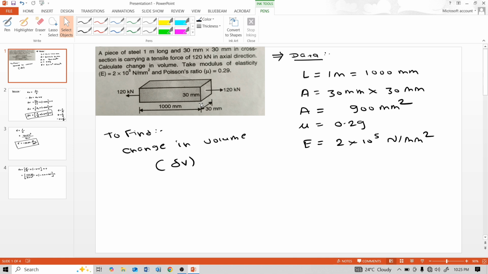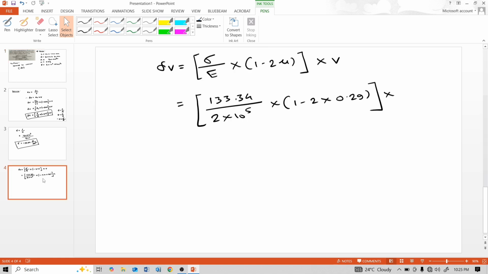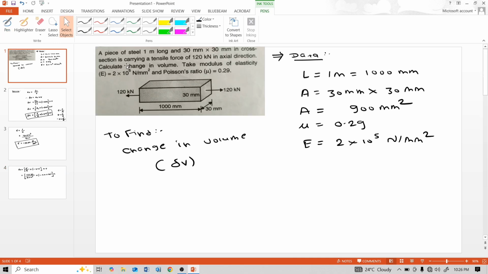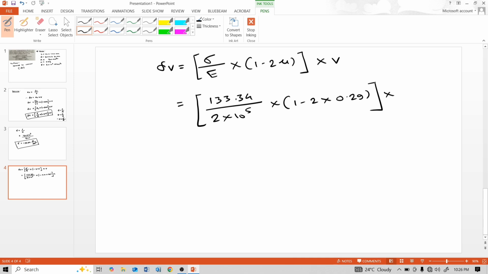That means the original volume of that piece of steel is 1000 into 30 into 30, L into B into T. Change in volume is 252 mm cube.